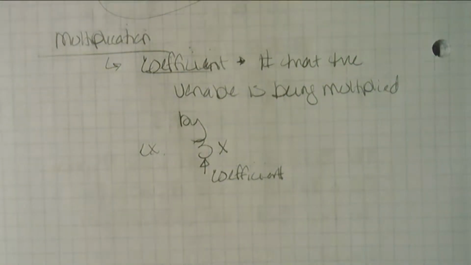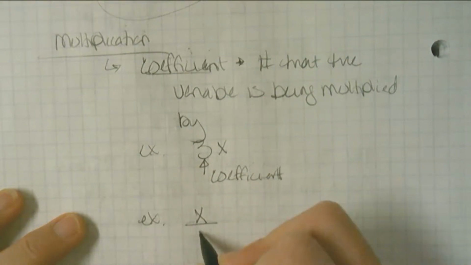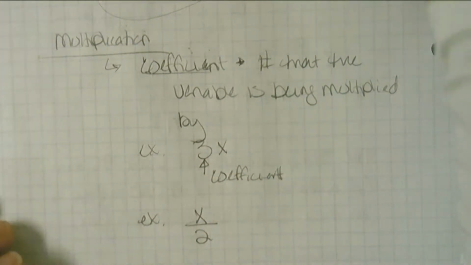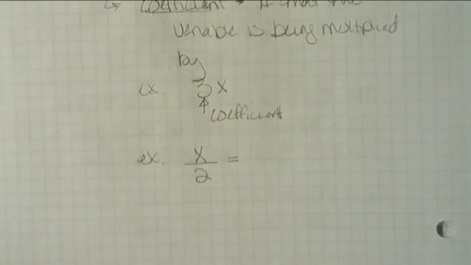So, if we have something like this, x divided by 2, what is the coefficient? And it's not 1. What's my coefficient? Sarah?